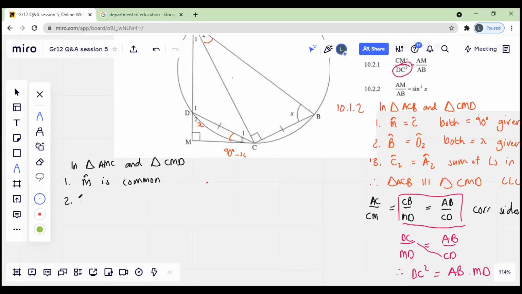So C2 is equal to A1, isn't it? Because of tan chord theorem proved above. C2 equals angle A1 because of tan chord theorem. And that means that the remaining angles, so in this case, D2 and what would it be? C1 plus C2, I guess.